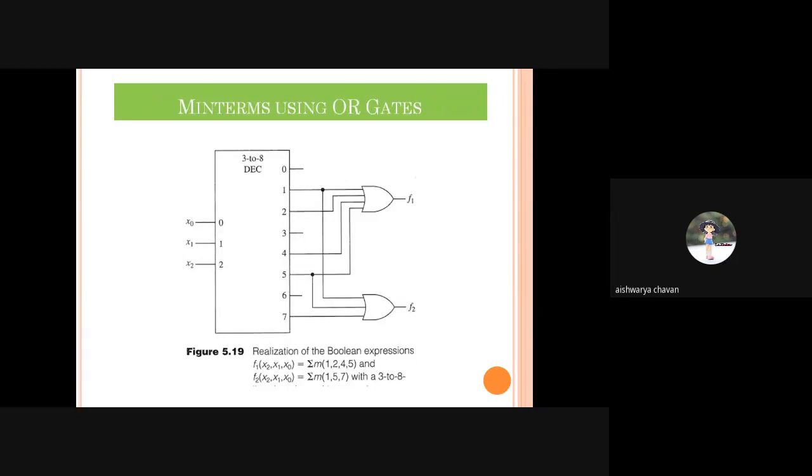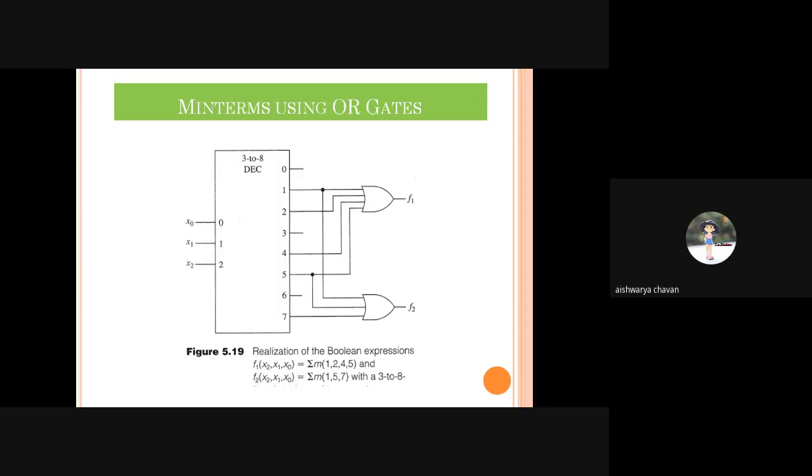Now see, when some minterms are given to you, how will you represent those minterms using this decoder? For the 3 to 8 decoder, this is a Boolean algebra relation. Suppose a function is given to you: this function is f1.